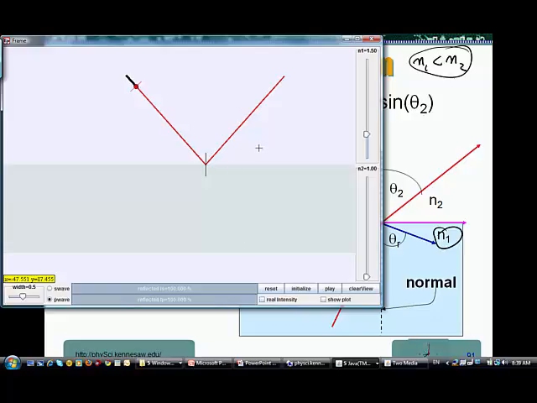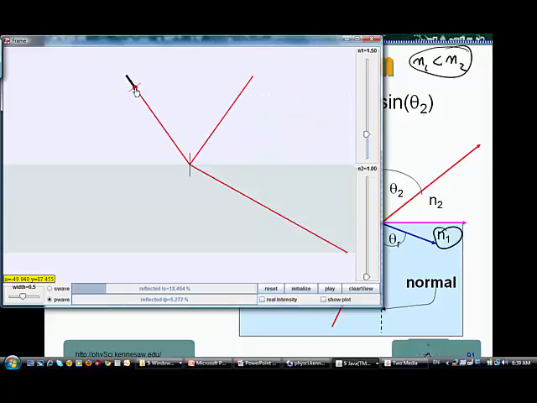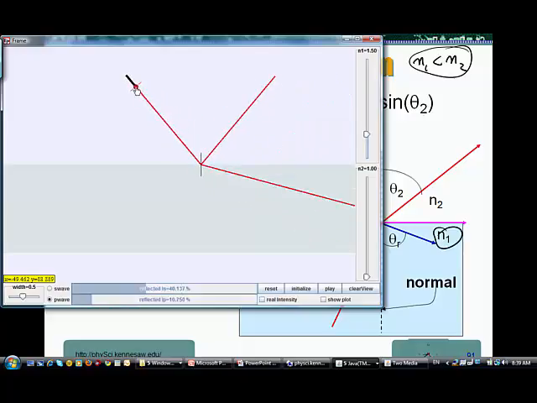All the light is reflected. So we call that angle the critical angle. It is the angle beyond which no light is going to move into the second medium. So if I increase my angle, no more light going into that medium. It goes into the medium only if theta is smaller than that critical angle.